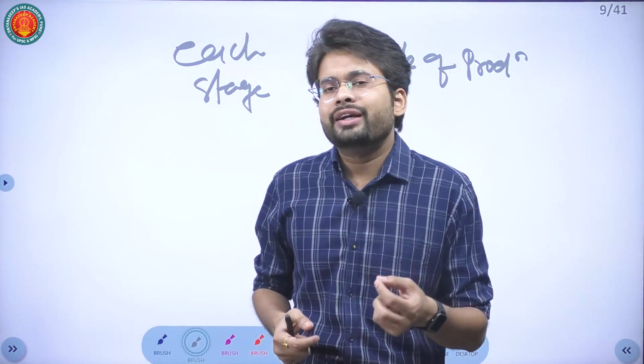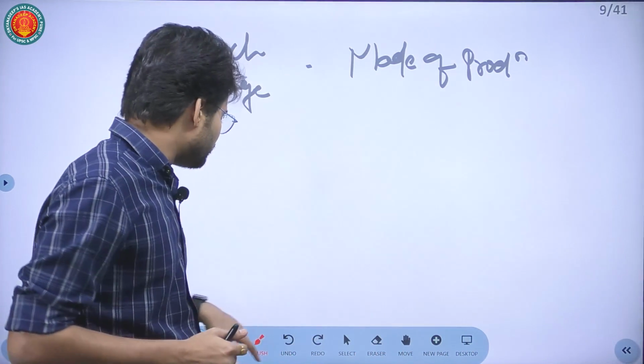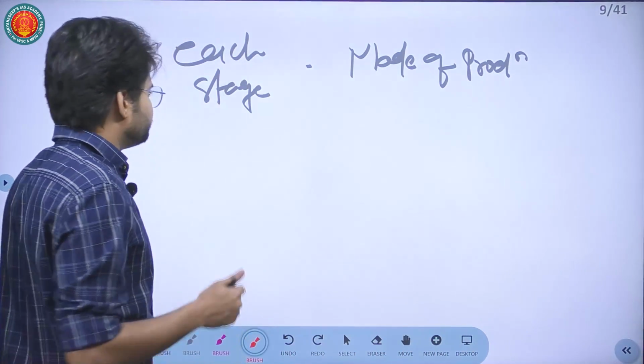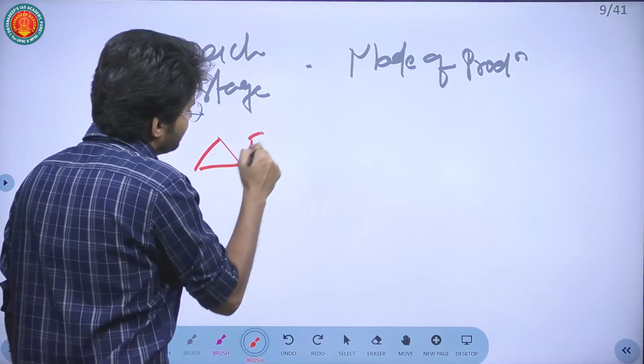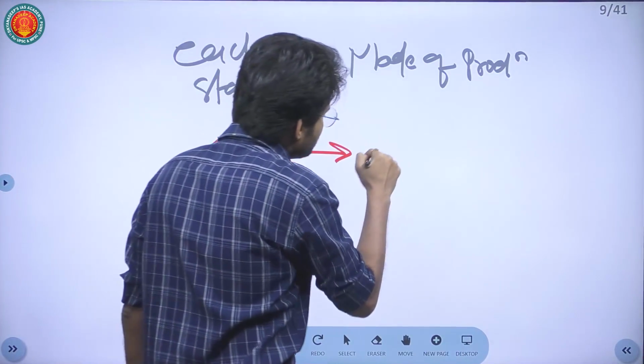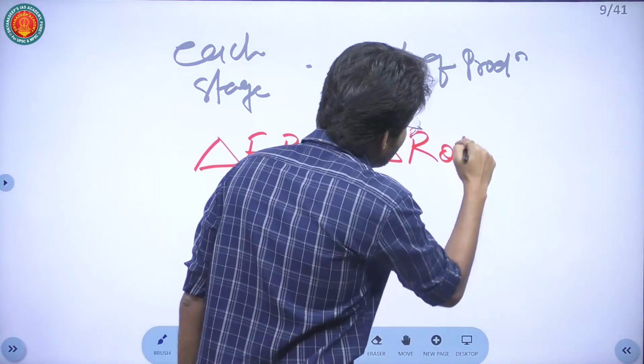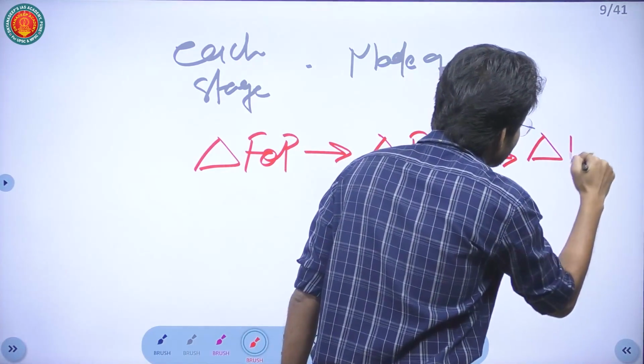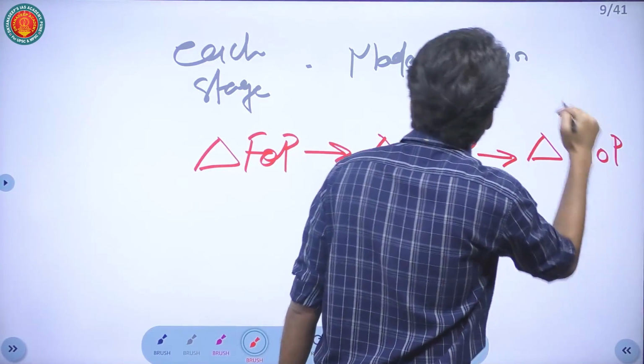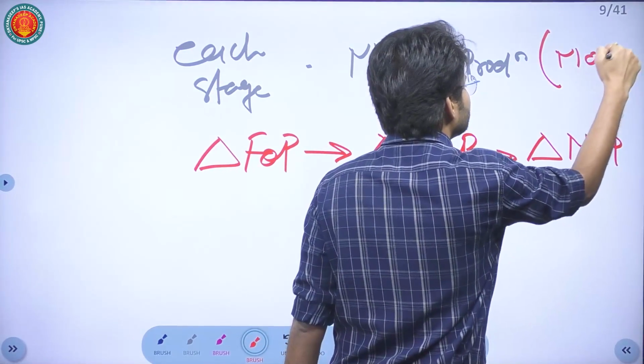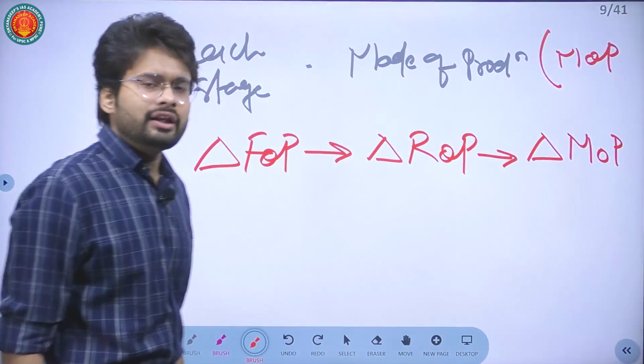Now, if you want to write it in a systematic or formula manner, you can just imagine: change in factors of production leads to change in relations of production. It leads to change in mode of production, MOP. I will write it as MOP. Do you agree with me?